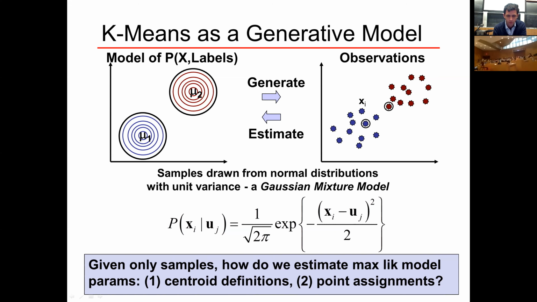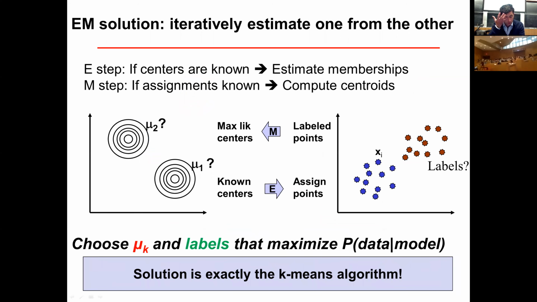I can generate points, or given a bunch of observations, I can basically re-estimate what are the distributions that they came from, okay? So again, the expectation maximization solution, exactly like the Baum-Welch algorithm in hidden Markov models, is that in the expectation step, if the clusters are known, then I can estimate the membership. And then in the M step, if the assignments are known, I can recompute the centroid, okay?